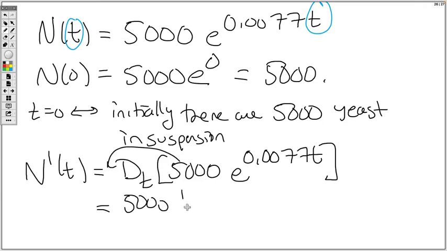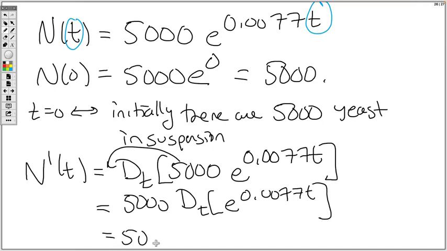Factor it out. Now I'm just focused on the derivative of e to the 0.0077t. So this is the new rule we learned today. What's the derivative of e to the something? E to that thing times its what?